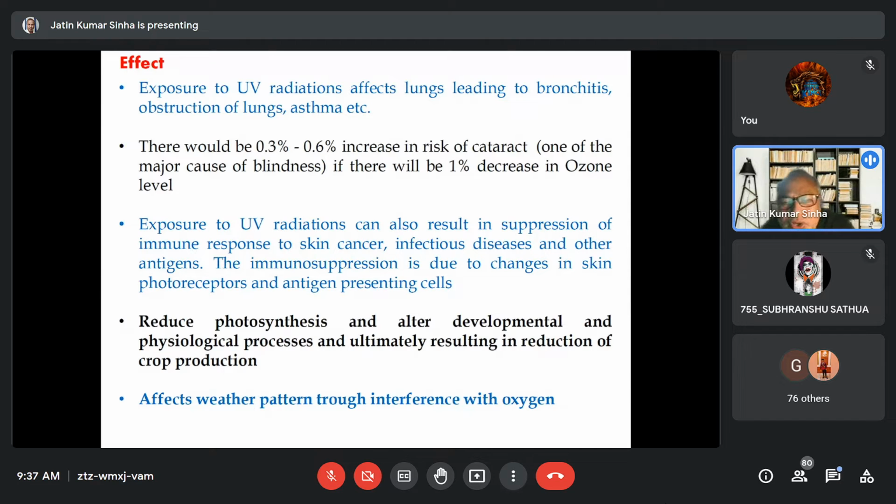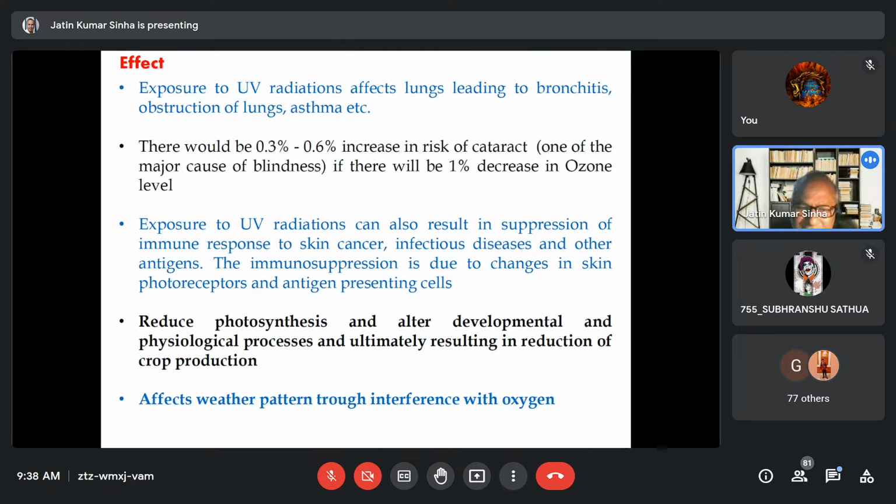So this affects the photosynthesis process, and once any alteration happens, it starts to affect the crop production, or agricultural production. So depletion of the ozone layer has a direct and indirect effect.